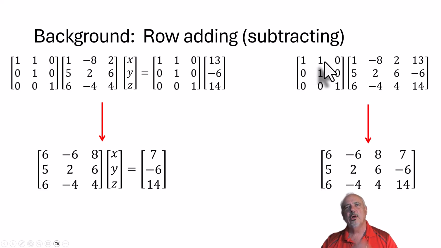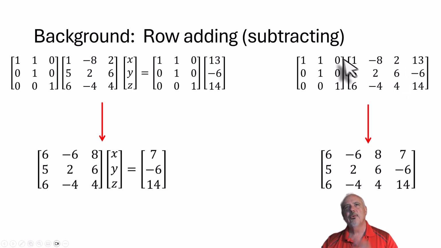I'd have a 1 and a 1 on that first row. So that 1, 5, 6 would be adding 1 plus 5 together. And -8, 2, 4 would be adding -8 and 2 together when you dot that in your first row. So that's how I'd get the 6 and the -6.